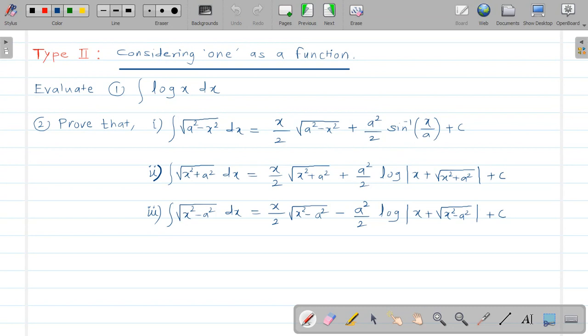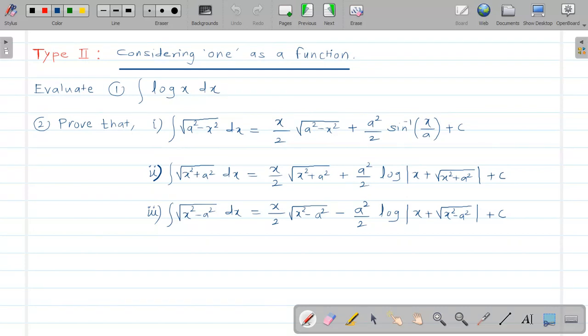And the third one, integration of root of x square minus a square dx, is equal to x by 2 into root of x square minus a square minus a square upon 2 log of modulus of x plus root of x square minus a square plus c. So all these are the three important rules, or you can say theorems, which we will prove by using integration by parts, in which you have to consider number 1 as another function.